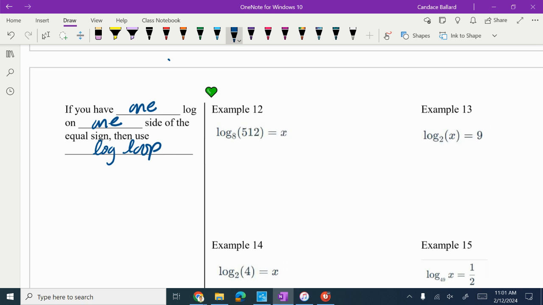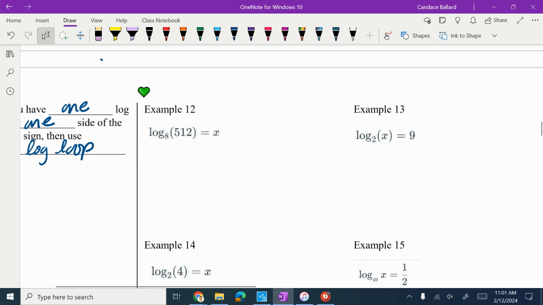Okay. So I'm looking at the problem. I see one log on one side. So that means I'm going to do the log loop. What is my base? 8. And then I'm going to switch the location. So I have 8 to the x equals 512.